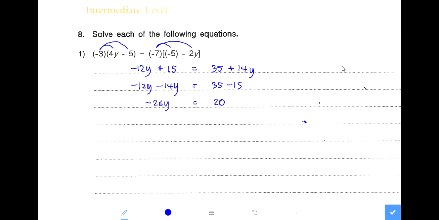So my y is 20 over negative 26. Make it smaller: divide by 2 on both the upper part and the lower part. So that's 10, and 13. So I have y equals negative 10 over 13. I'm done with it now.